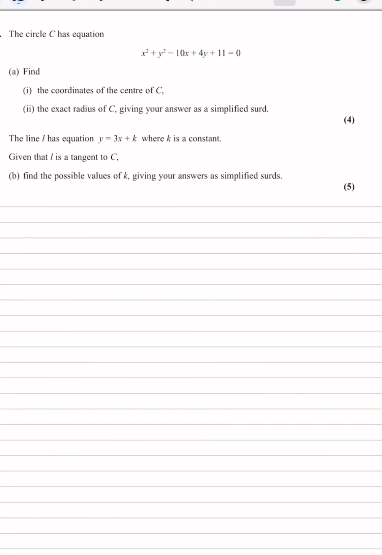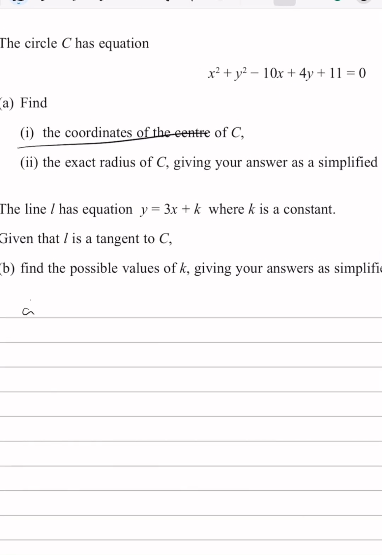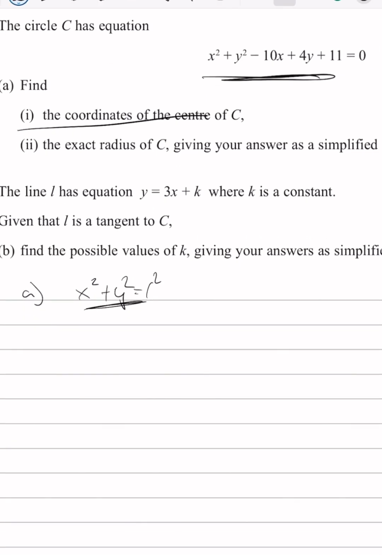Question 7. Here it's a circles question, so for part A, the first part, we want to find the center. We're going to find this by putting this equation in terms of a circle's equation, which will look like that. So we want to complete the square for each term, x and y.